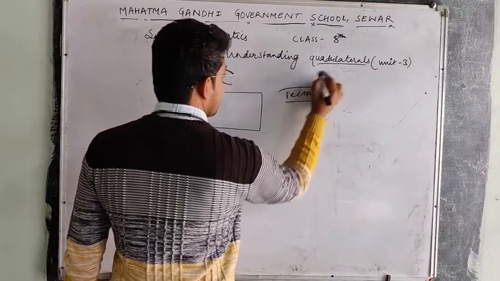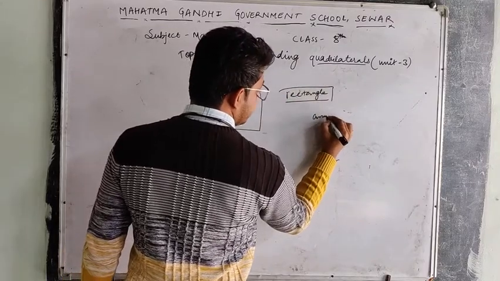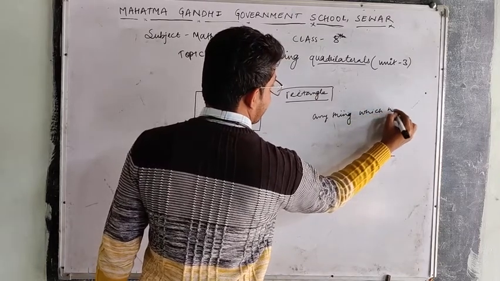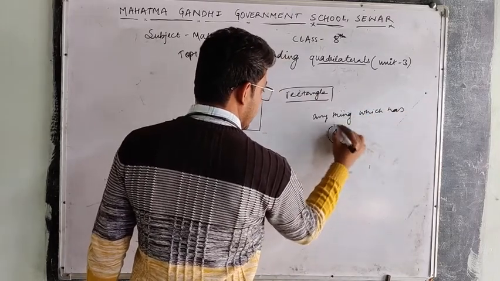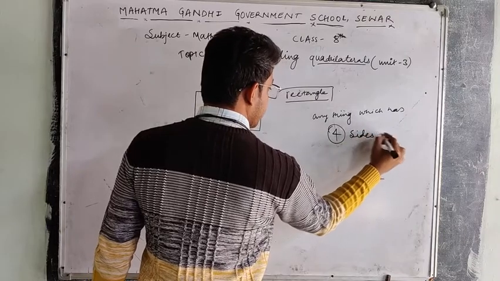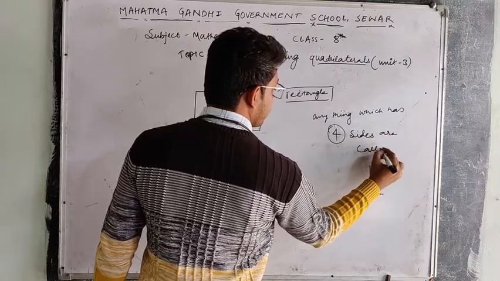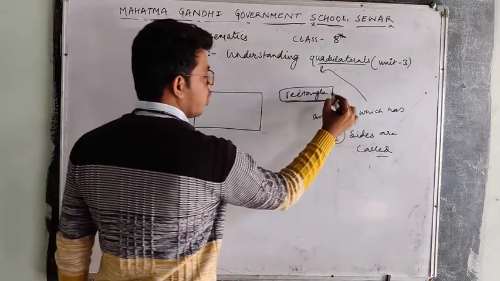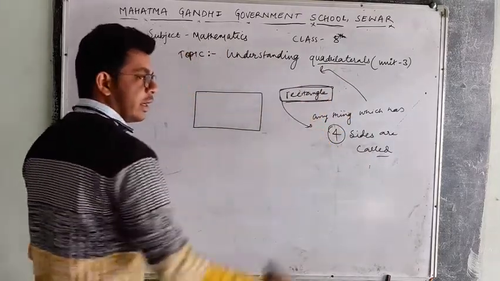As I said, anything which has four sides is called a quadrilateral. A rectangle is also a type of quadrilateral.